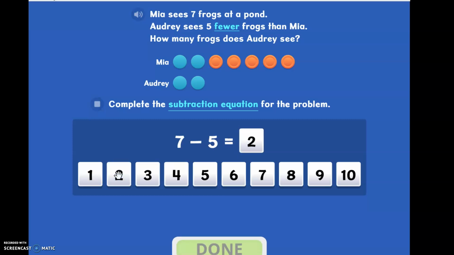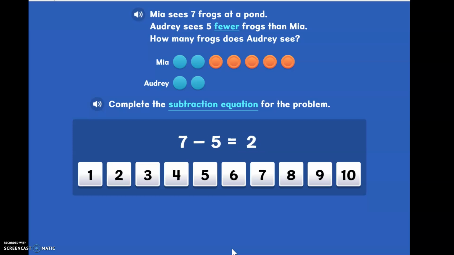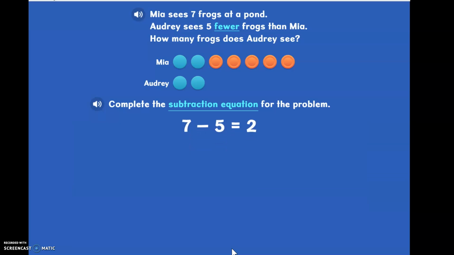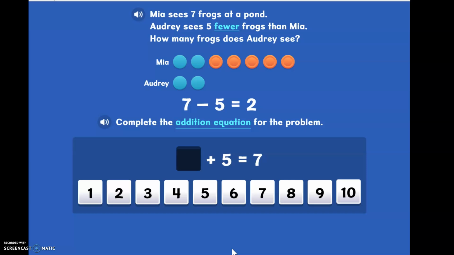Complete the subtraction equation for the problem. Complete the addition equation for the problem. Okay, so Audrey sees 2.